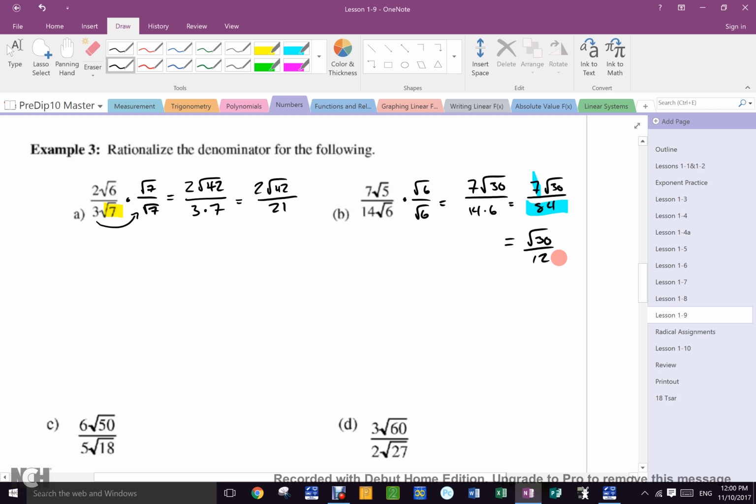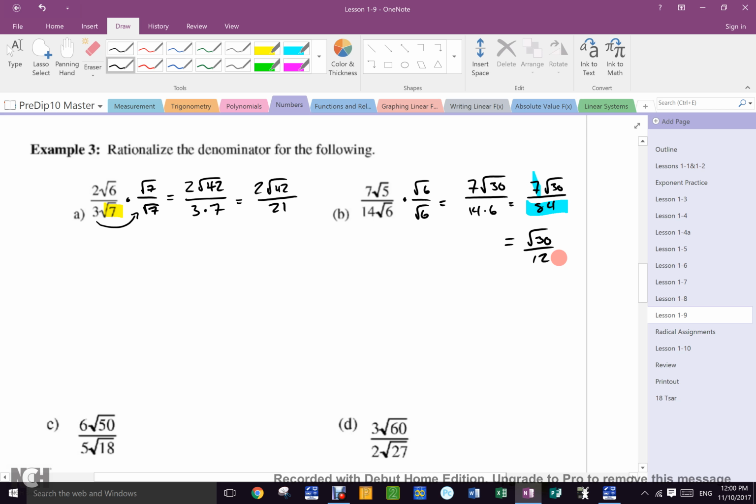All right, so I need you guys to be aware of how this works. You're all understanding that 3 root 7 times root 7 is 3 times 7, yes? Okay. Now be aware that when we do the conjugate, this isn't going to work, is it? Because I got to make the 3 disappear too.